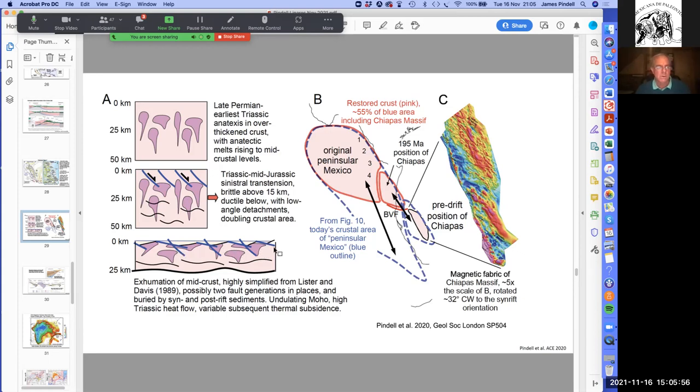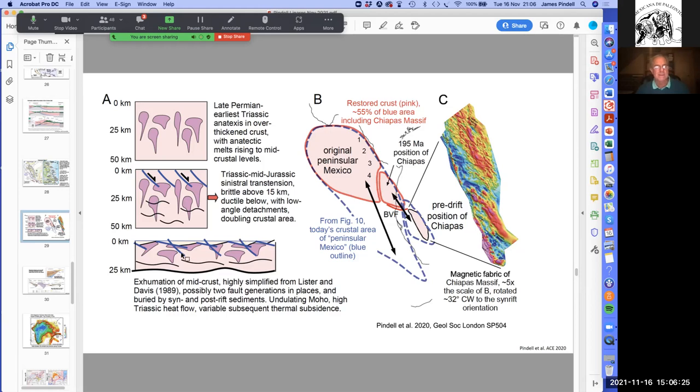Well, in order to have 100% extension, we have to have about 100% thinning, or the thinning needs to take a thick crust down to about 50% of what it actually was at the start. So we can change the cross-sectional volume of the crust by pushing this back to the left and thickening the crust in order to maintain the original volume in the cross-section.